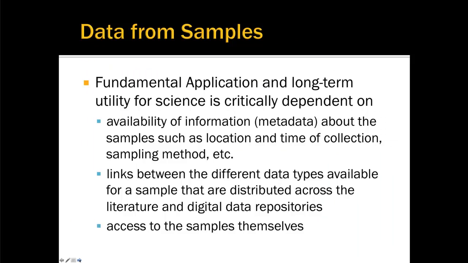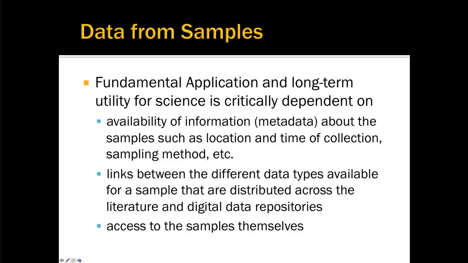Using data that were generated on samples and ensuring that they are useful in the long term has some important requirements. The samples must remain accessible to everybody, and the information about the samples, such as where the sample was collected, when it was collected, and how it was collected, must be preserved and accessible as well.